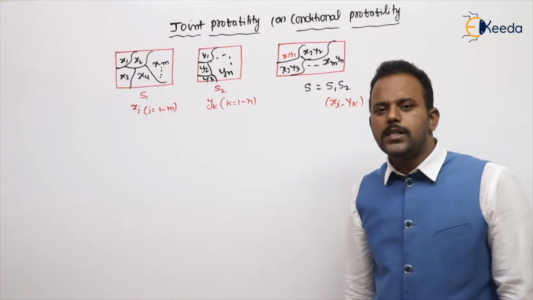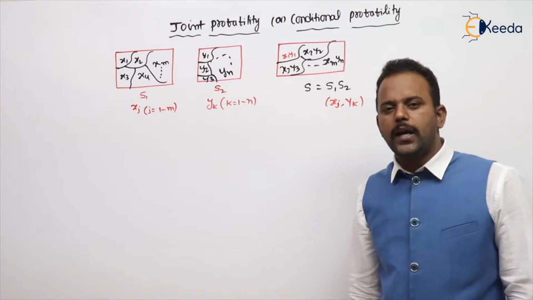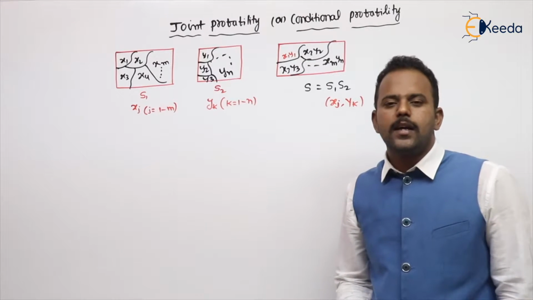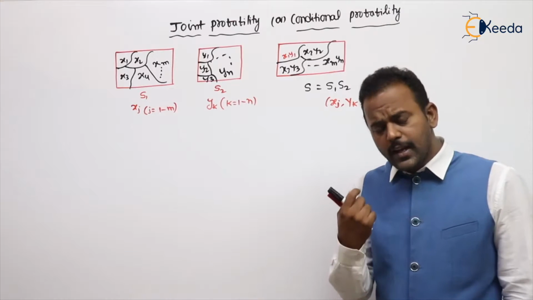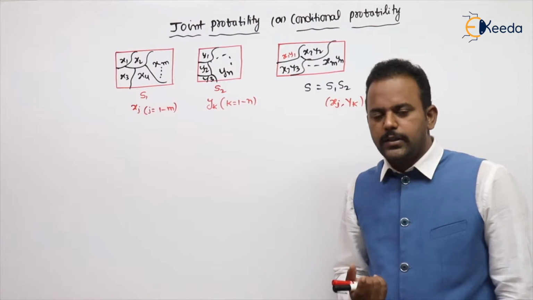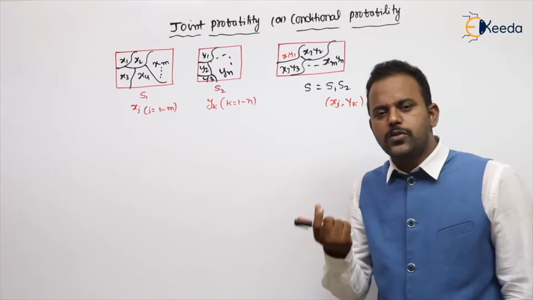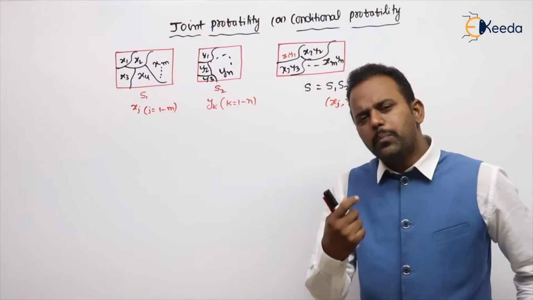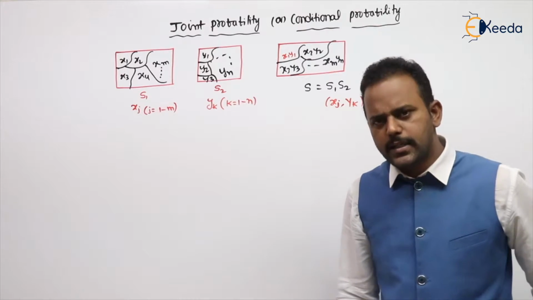Now, my intention is to calculate the joint probability matrix, as well as their joint entropy. For the joint probability matrix, we need to calculate the entropy also. So what is the complete joint probability matrix set?